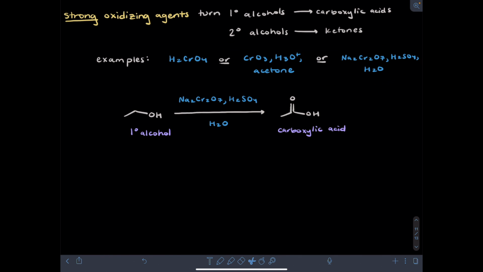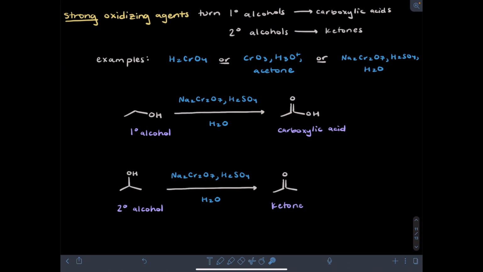Treatment of a primary alcohol with any of these 3 reagents will convert it into a carboxylic acid, where this carbon attached to oxygen in the alcohol becomes this carbon of the carboxylic acid, or treatment of a secondary alcohol with any of our strong oxidants will convert it into a ketone, where it is this carbon attached to oxygen from the starting material that becomes this carbon attached to oxygen twice in the product.